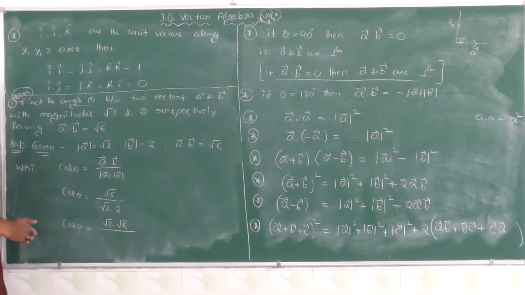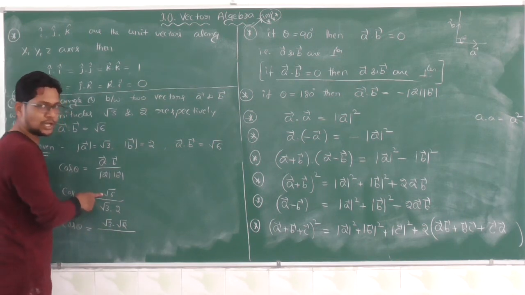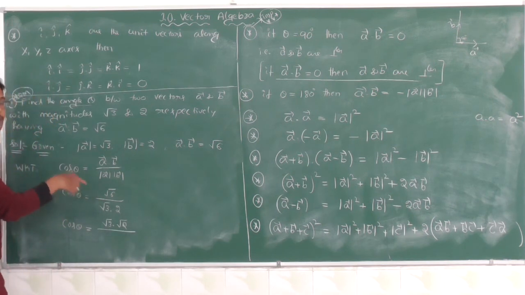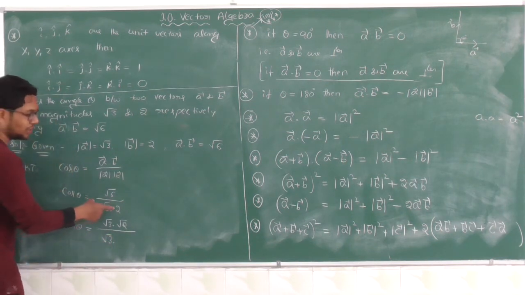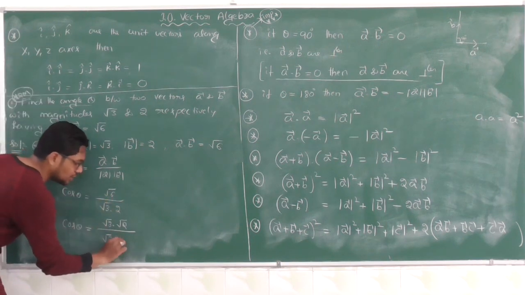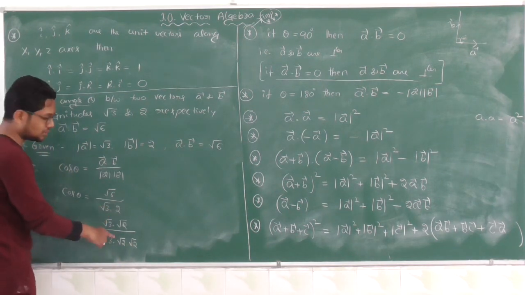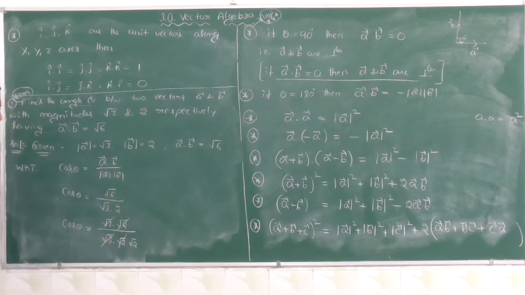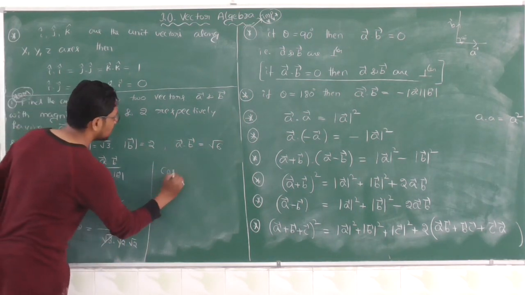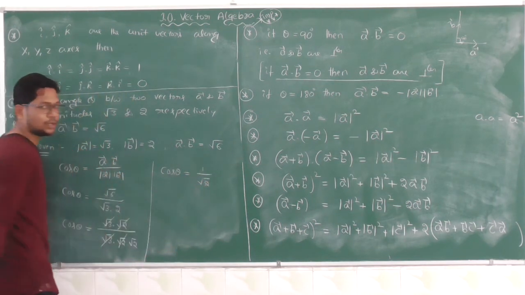And 2 can be written as root 2 into root 2. Root 3 and root 2 get cancelled. The remaining is cos theta equals 1 divided by root 2.